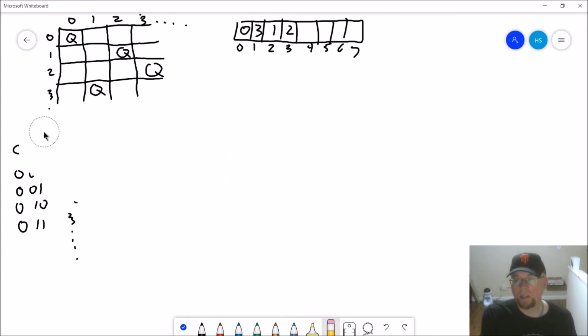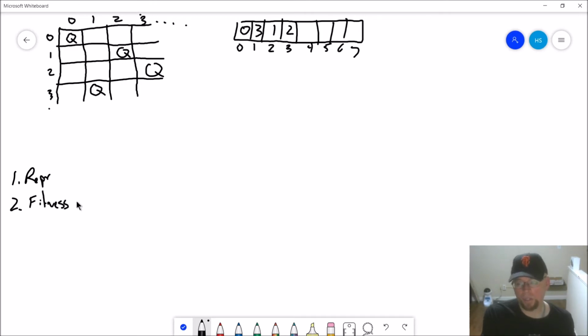Okay, now we need to have a fitness function, right? We've got the representation, and then we need to be able to evaluate. We need an objective function, which in genetic algorithm terms they call a fitness function. I can't spell either apparently.